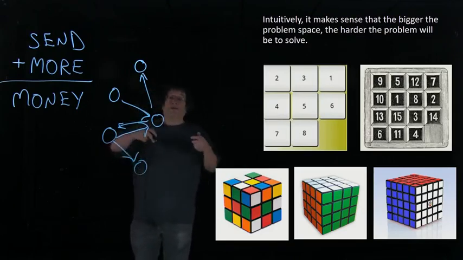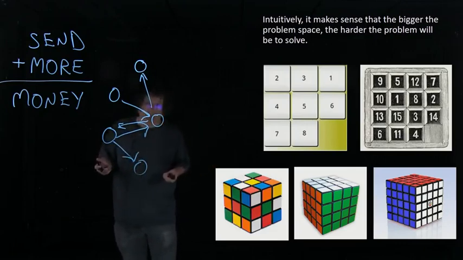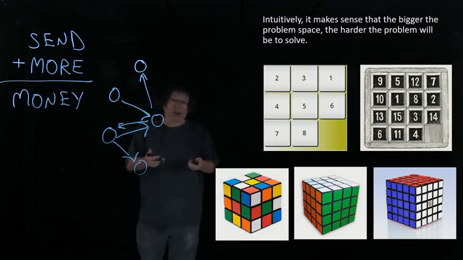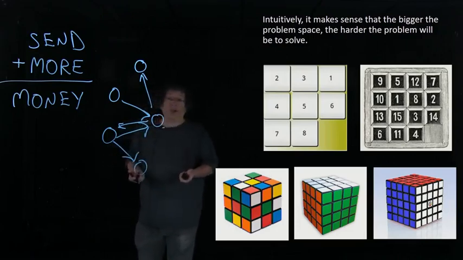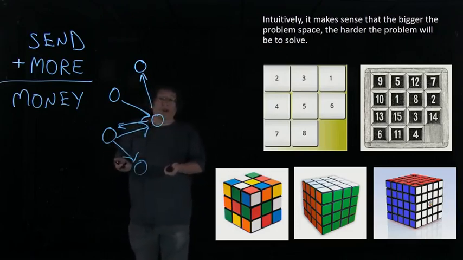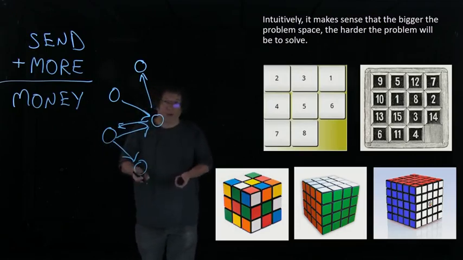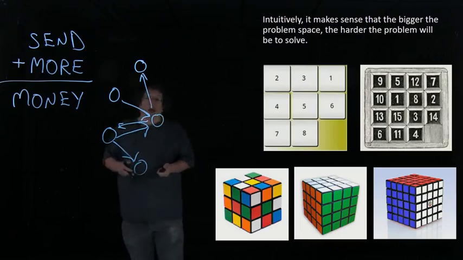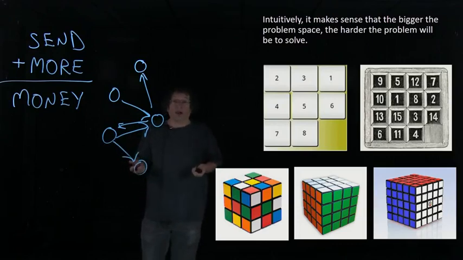Presumably, if we made a 5x5 grid, the 24-25 puzzle, that would be harder to solve than the 15-16 puzzle. And similarly with Rubik's Cube, they market a 2x2x2 version, and 3x3x3, and 4x4x4, and so forth. So each of those puzzles gets progressively harder as the cubes get larger.